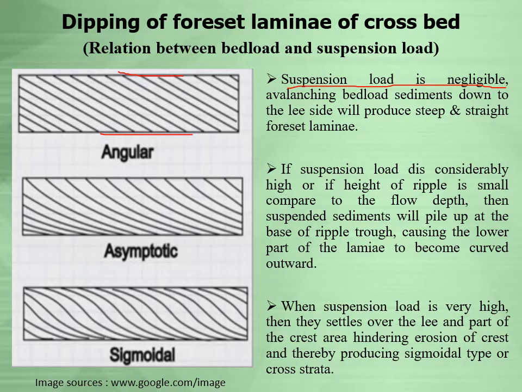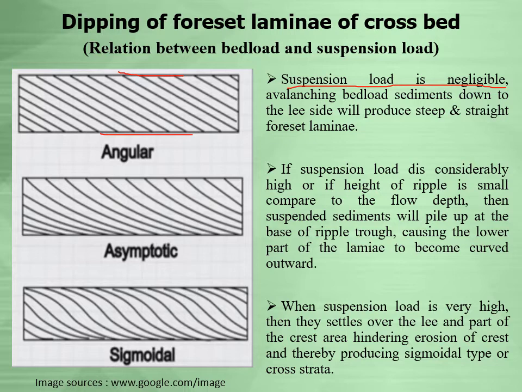At both ends of these cross laminae, you can see that they sharply abut against the top and bottom bounding surfaces. So this kind of crossbed forms when they are mainly formed by bedload sediments, not by suspension materials. That is, suspension deposition is very negligible or almost absent.